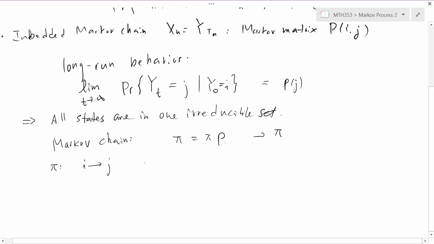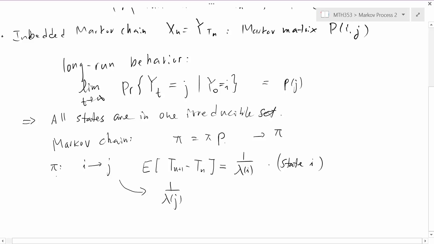So we need to know the expected value of T_{n+1} minus T_n, and that's going to be exactly 1 over lambda. If you start from i, that's 1 over lambda_i, because this is how long it's going to stay in state i. So if you want to know how long it's going to stay in state j, we need to look at 1 over lambda_j.